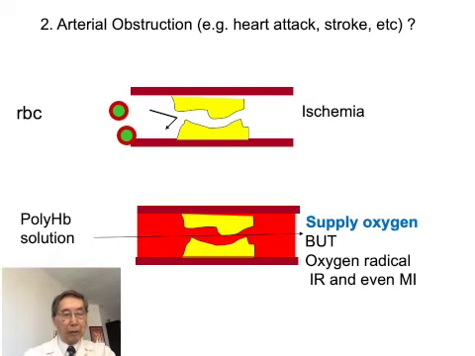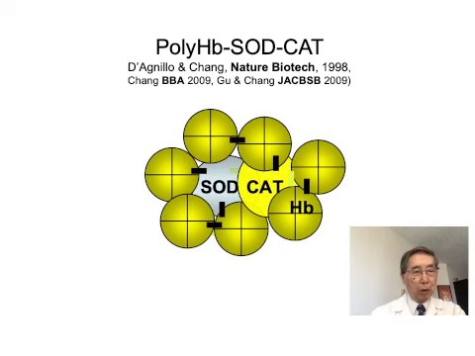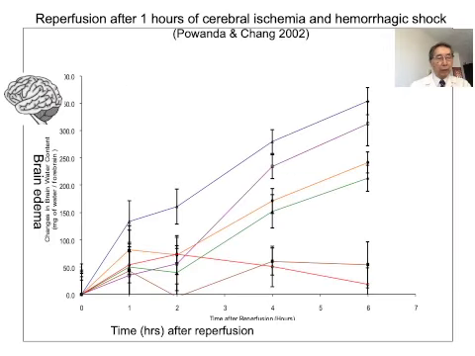The only trouble is that it causes oxygen radical release and ischemia reperfusion injury, resulting in polyhemoglobin-superoxide dismutase-catalase. And we look at the effect on brain edema in a case of hemorrhagic shock and cerebral ischemia.